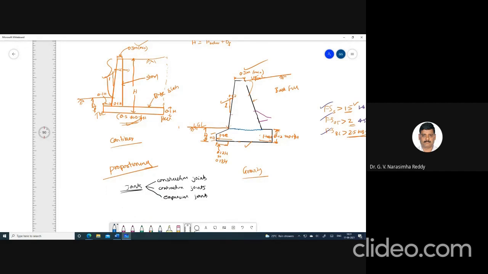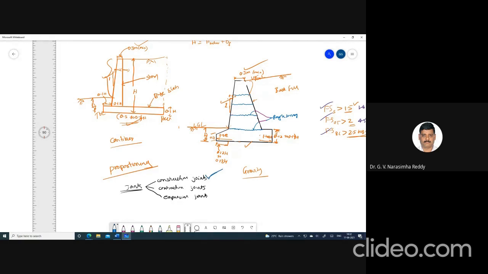Next day you will construct up to this. This surface you will make rough so that you can construct in lifts. So in other words, a rough surface. You can provide a rough surface, or you can provide a key shape.